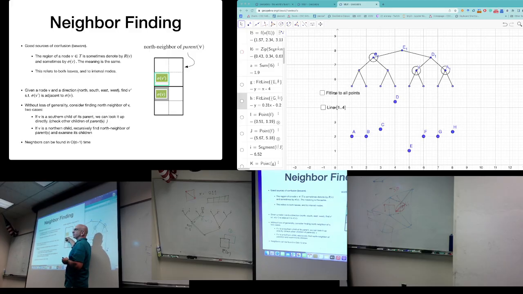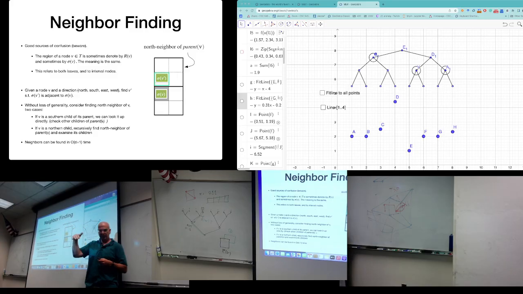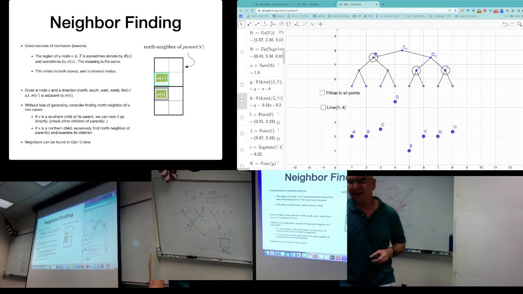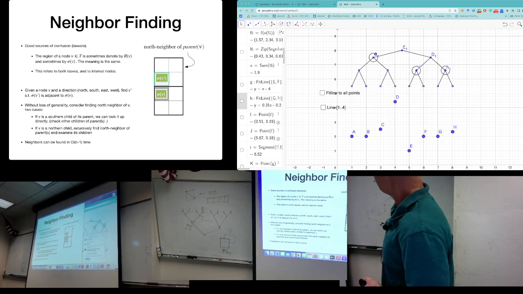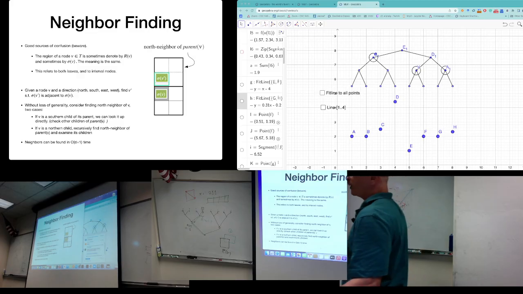When will it not exist? What was my mistake? I just said that there is a unique such node to the north of it. Of course, if V is the topmost guy, then it doesn't have anybody to the north. But when V is not the topmost, and still it doesn't have a neighbor above it of the same size?